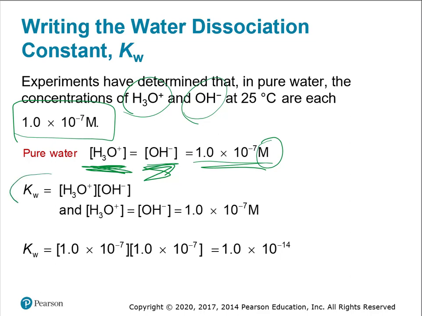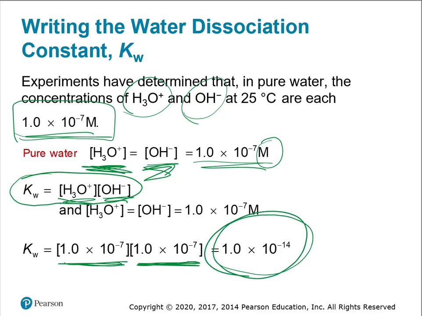So when we write, our Kw is equal to the hydronium ion concentration times the hydroxide ion concentration. And each one of them is 1 times 10 to the negative 7. If I do 1 times 10 to the negative 7 times 1 times 10 to the negative 7, we get 1 times 10 to the negative 14. That is water's dissociation constant.